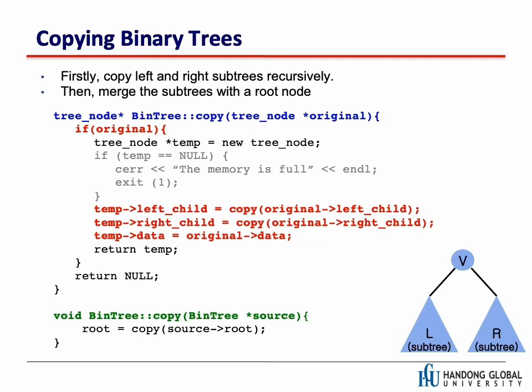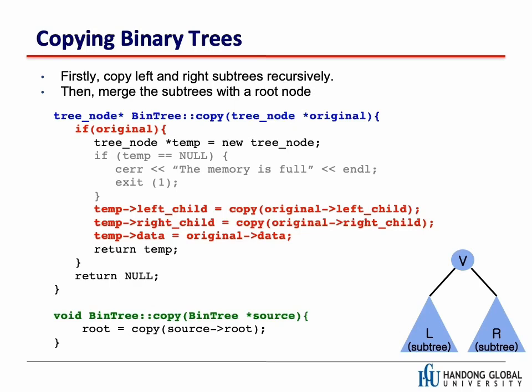In the second copy function call, original will point to the root node of the right subtree. If you are not familiar with recursive implementation, this might be a little confusing. But once you are familiar with recursion, I think this is really simple.